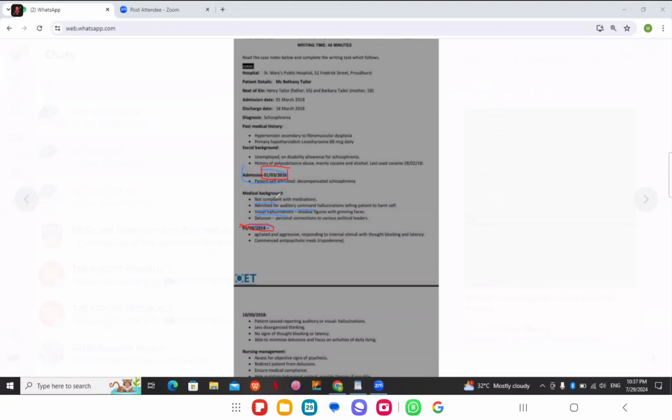Now, what most of the students do is they will write one visit like this. They will just complete their visit first, and then again they will start. On this date, the patient was agitated. She was aggressive, responding to internal stimuli with thought blocking and latency. Now they are trapped here.